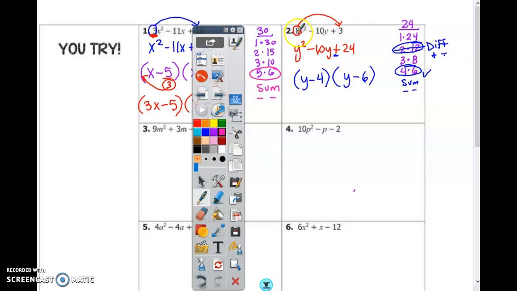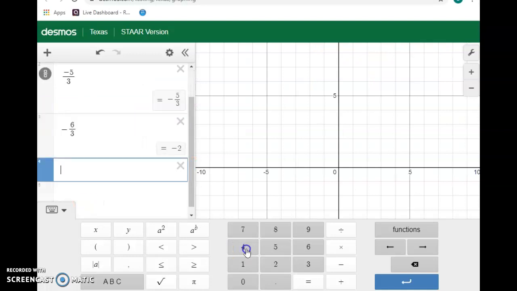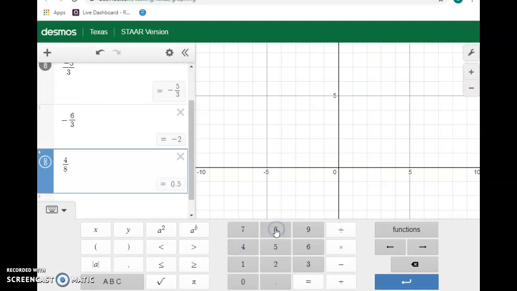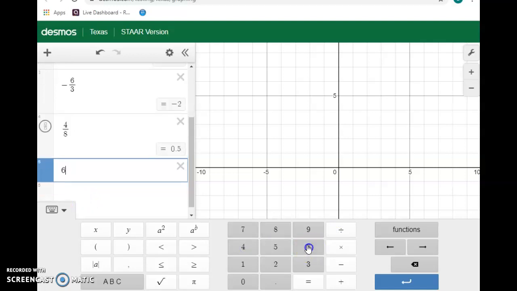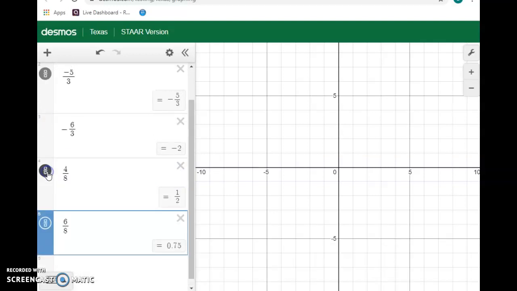Go back and divide everything by that 8 and reduce them. 4 divided by 8 and 6 divided by 8. Hit the fraction button on both of them.